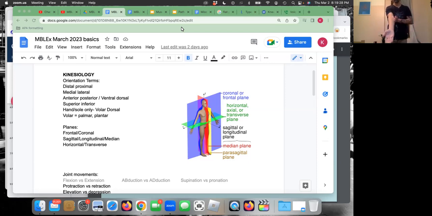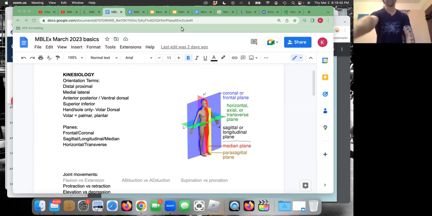Medial and lateral, also called ulnar and radial, right? Medial and lateral. Superior, inferior, superior, inferior.